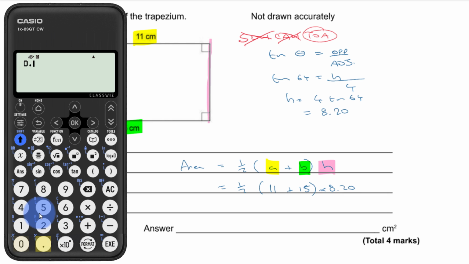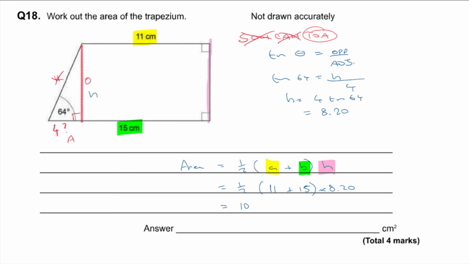So it's 0.5 times 11 plus 15, that's 26. So 0.5 times 26 times answer. That comes out to be 106.6, which I'm just going to round off to 107 centimeters.